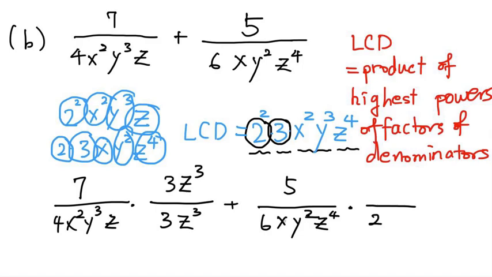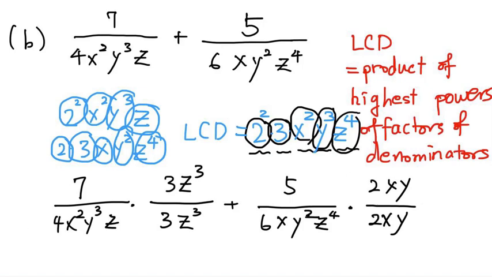Now we have one factor of x, so we need 2 factors of x. So we multiply this by x. And we have 2 factors of y, and we need 3 factors for y cubed, so one factor is missing. So multiply y. Y squared times y makes y cubed. And z to the 4th is already there, so that's it, 2xy. So multiply the same thing on the numerator.